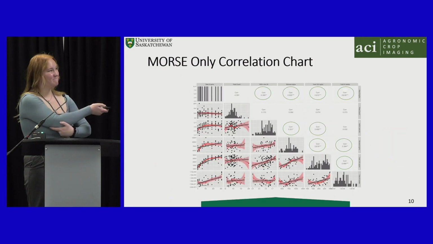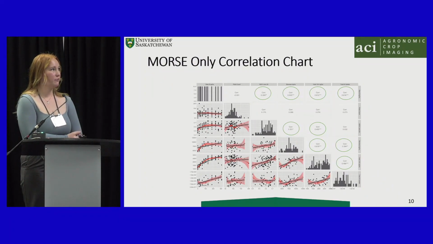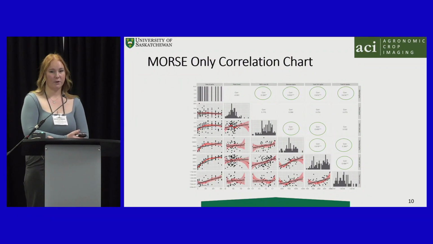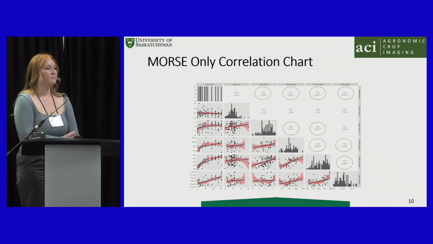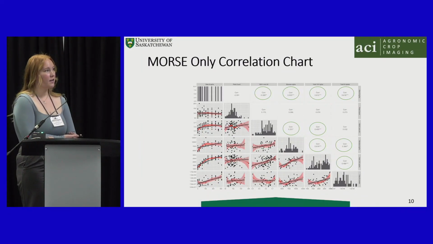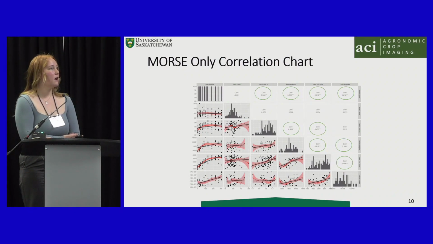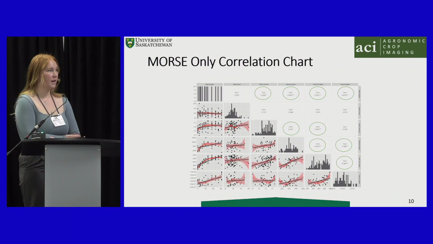So the results I've been showing have mostly just been from yield, but I did do various other data collection points, which also can be compared between them. I took plant counts on all of the plots, as well as an NDVI with a handheld GreenSeeker, biomass, yield, and then total nitrogen from my ground biomass samples.